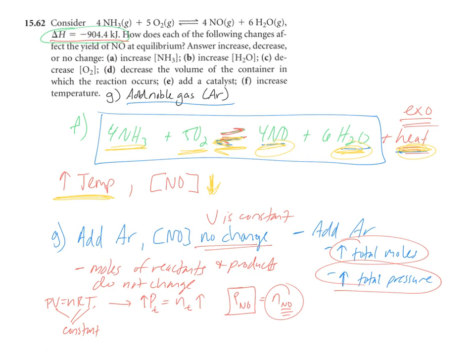Thus, there's no change in NO's concentration. If we think about your Kc or Kp, whatever you want to think of, Kp or Qp, these are based on the partial pressures of each individual gas.